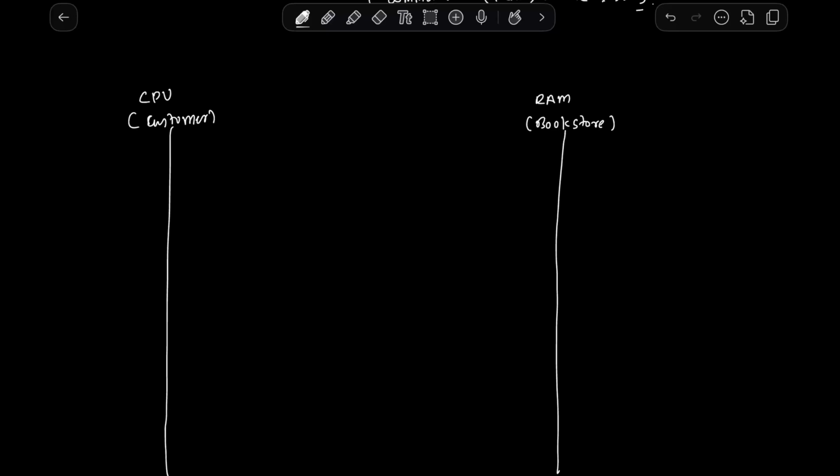Although this will be in binary, I need the book on shelf 1000. So where should it be kept? On the address bus.